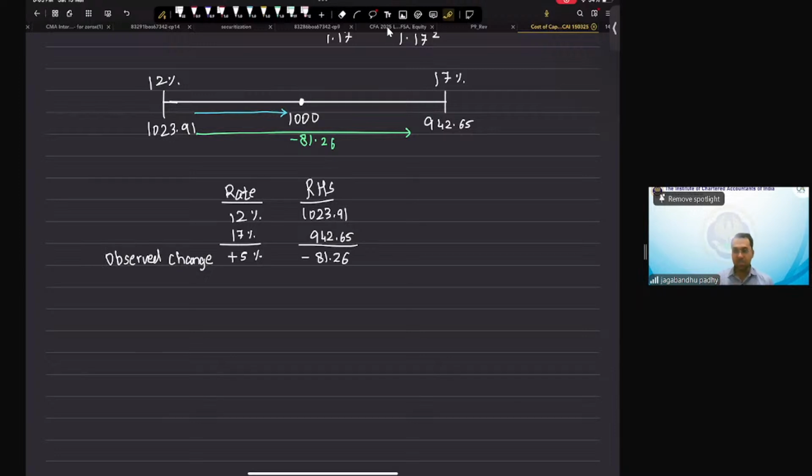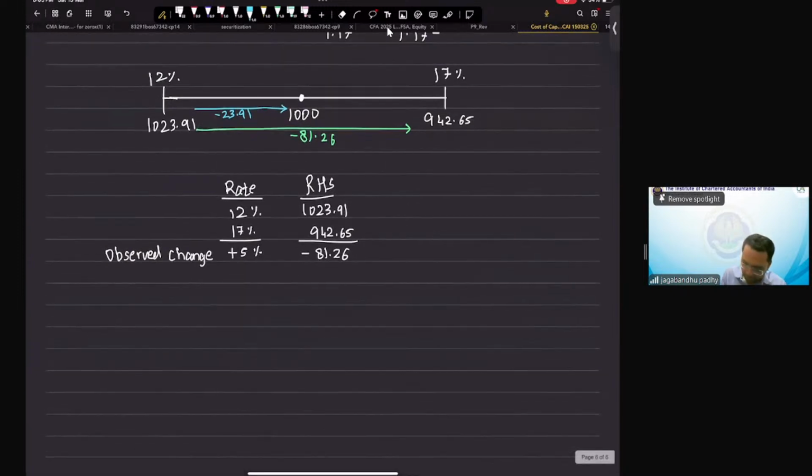So instead of 81.26, this should have changed by 23.91. If we would have changed it by 23.91, this is essentially our required change.